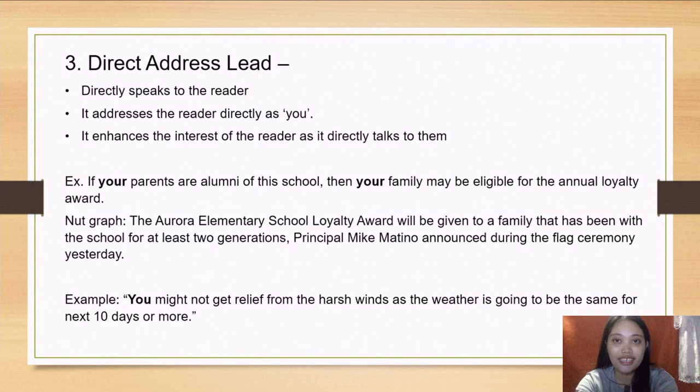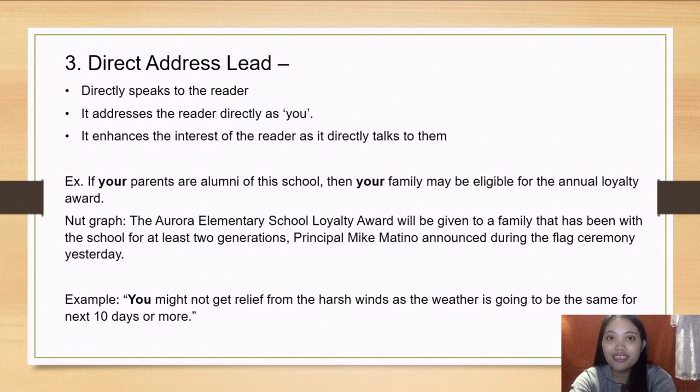We have provided the nut graf. But before that, what is a nut graf? First, to understand this, the nut graf serves the same function as the news lead. It states the central point of the story. It provides the transition to the general issue or problem. It explains why the topic is important.